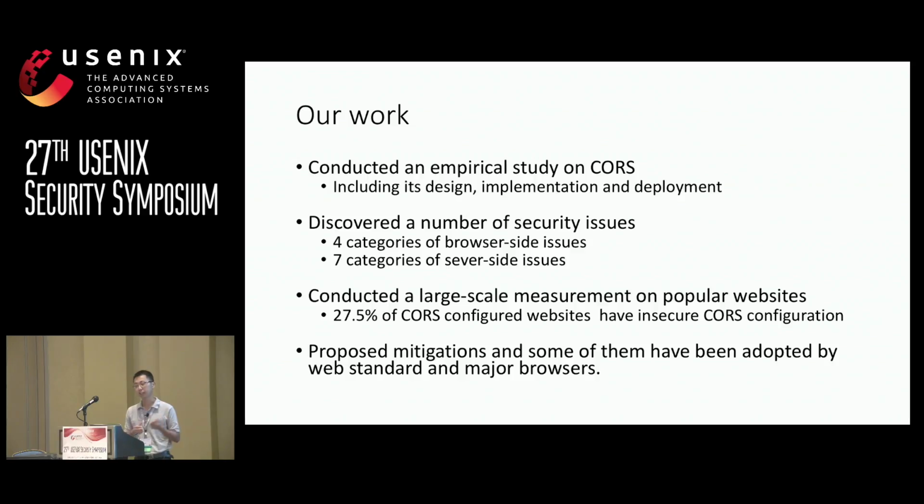We also conducted a large-scale measurement on popular websites and found 27% of websites have insecure CORS configurations. We also proposed some mitigations, and some of them have been adopted by web standards and major browsers.